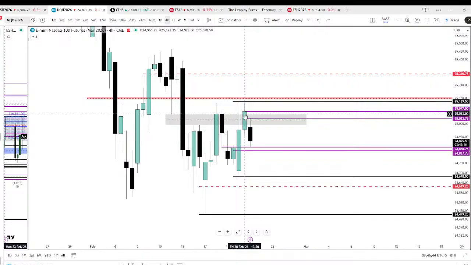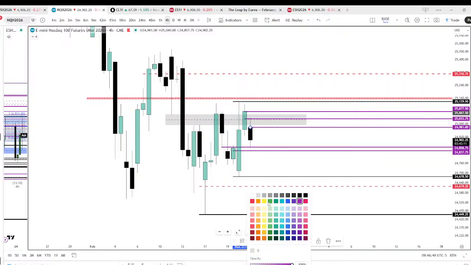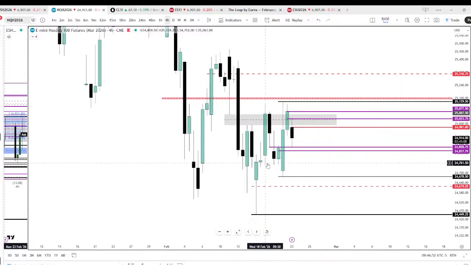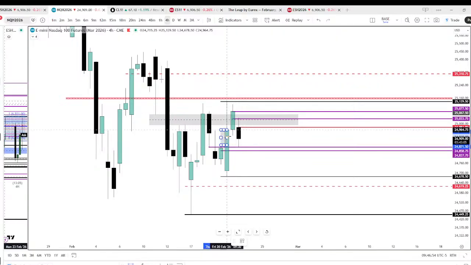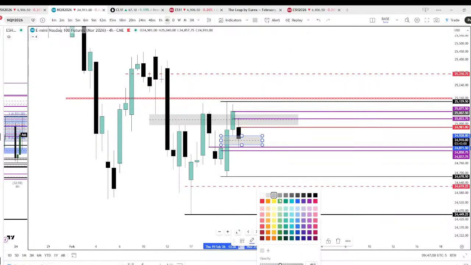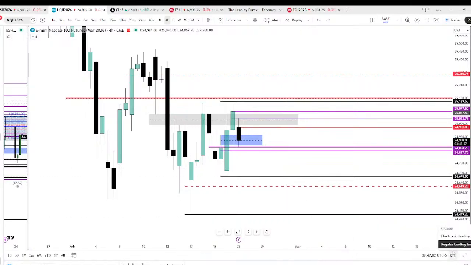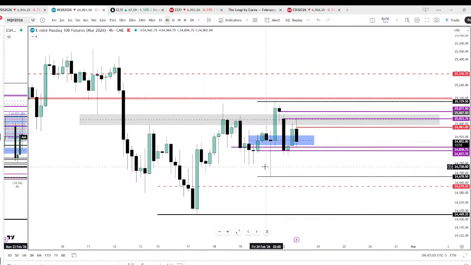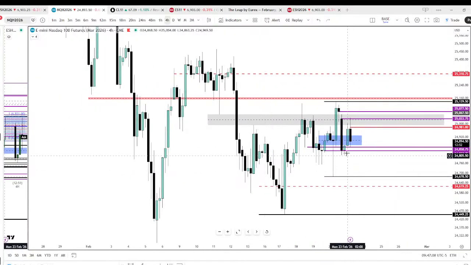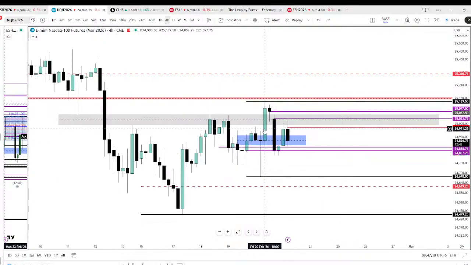So we have the regular trading hours right here. And these are just things that I'm noting, as well as that 4 hour. And we can see as we go back to electronic, it isn't really shown there. We're actually in a bearish kind of area here, but we've got the opposing buy side to sell side balance price range, but we still come up into that.